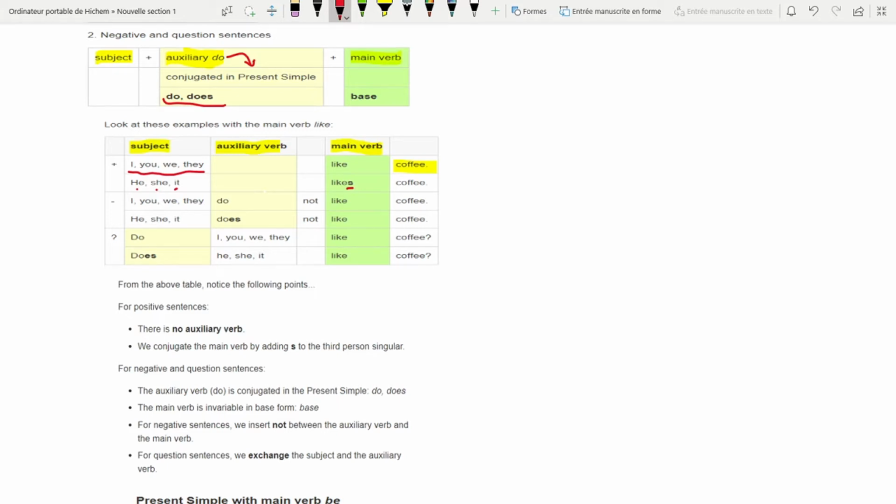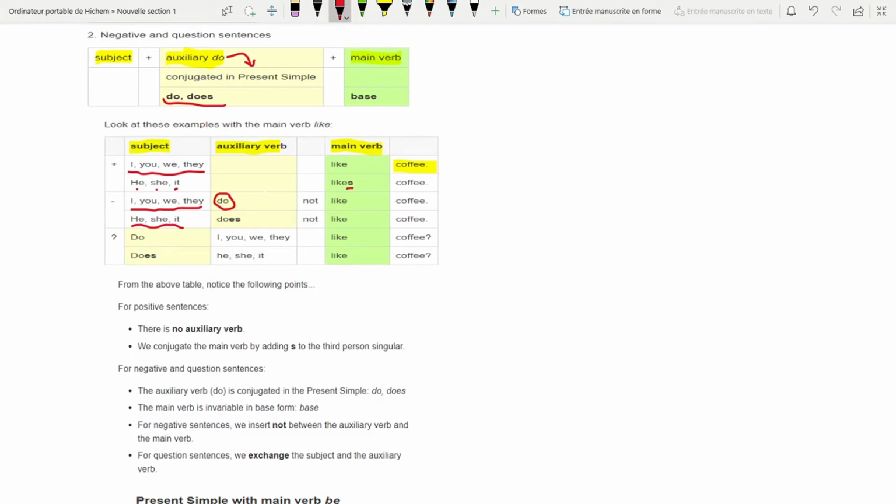Then we shall move to forming sentences in the present simple in a negative form. We shall start with the subject first. So we use here the personal pronouns or the third person singular. Then here we need an auxiliary. When it's not he, she, or it, we add do.